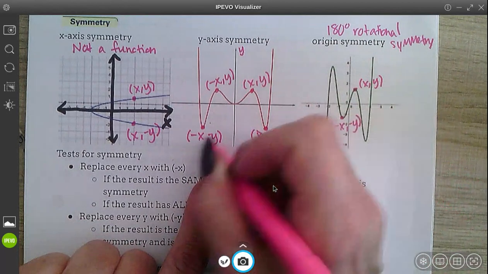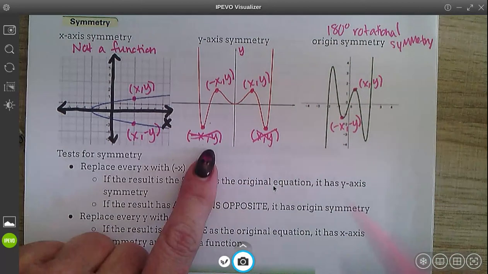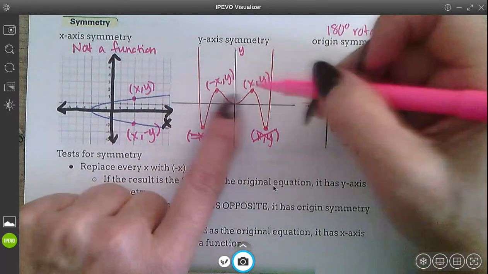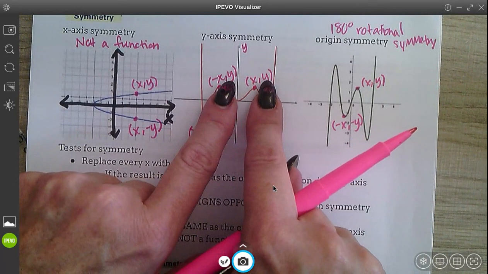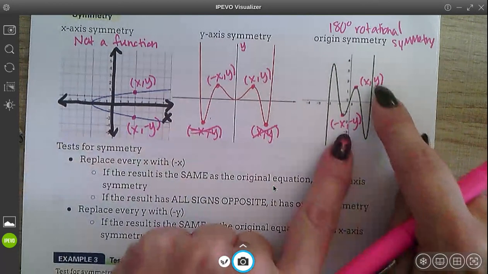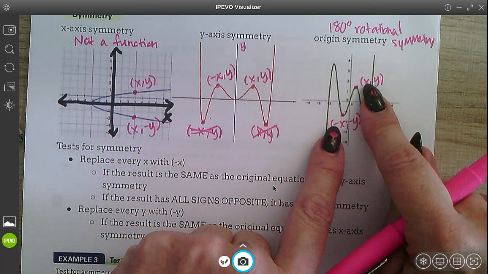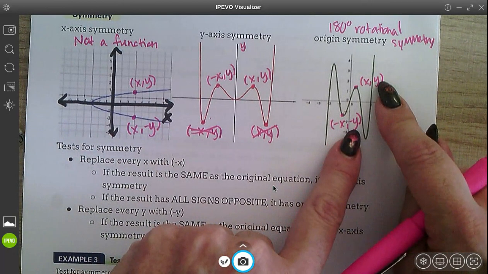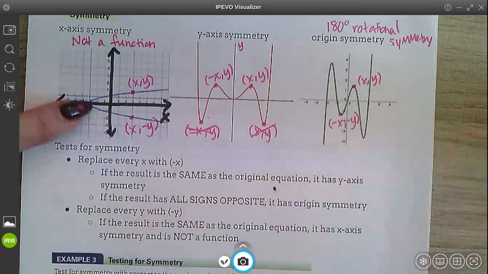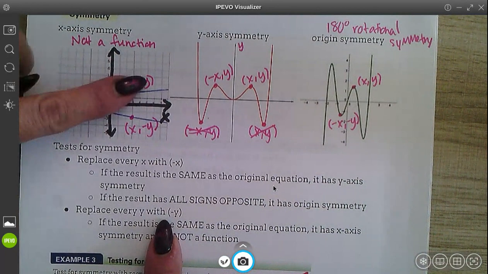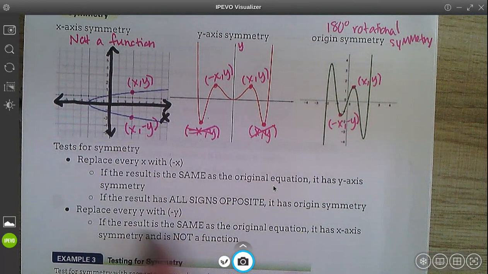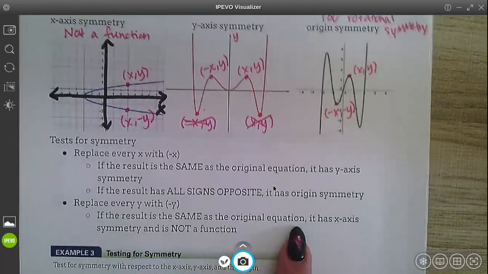So if it's not too late, ignore those points. If I replace x with negative x, I get out the same y value. On origin symmetry, if I replace x with negative x, I get out the opposite y value. And then with x-axis symmetry, what I'm going to do is replace every y with the opposite of y, and the result will be the same as the original equation.